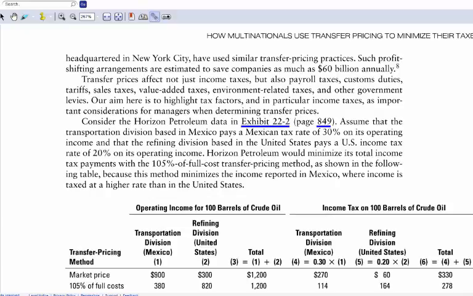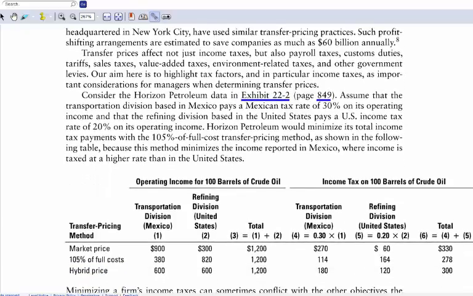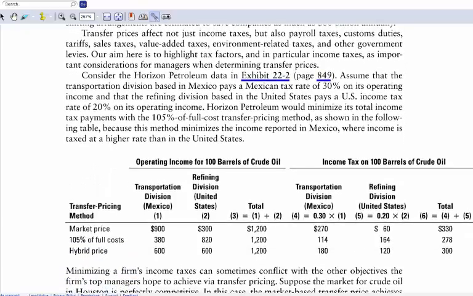Okay, so let's go now and take a look at a continuation of the problem that we've been looking at in this particular textbook.